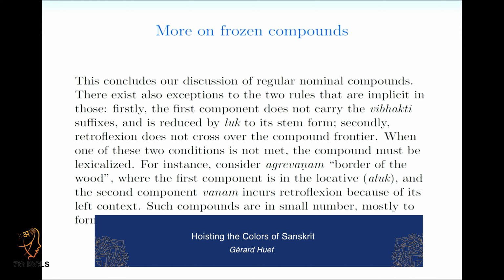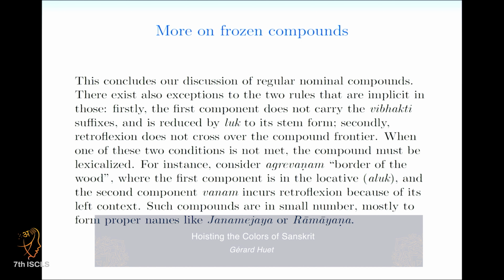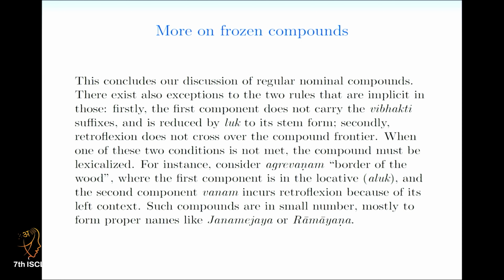So, for instance, agrevanam, border of the wood. It's a compound which is both aluk, you don't delete the saptami in agre, and furthermore, you have retroflexion that spills over the compound boundary.